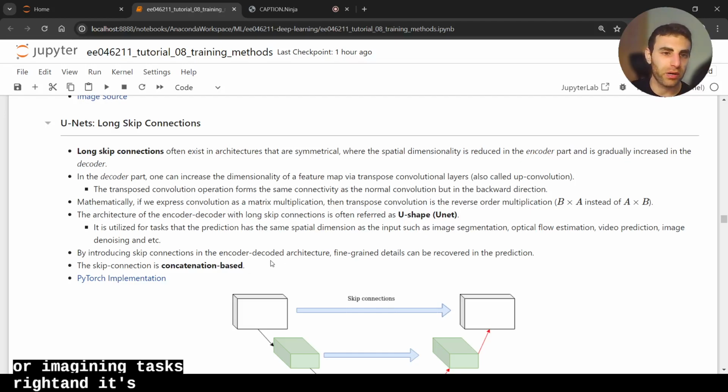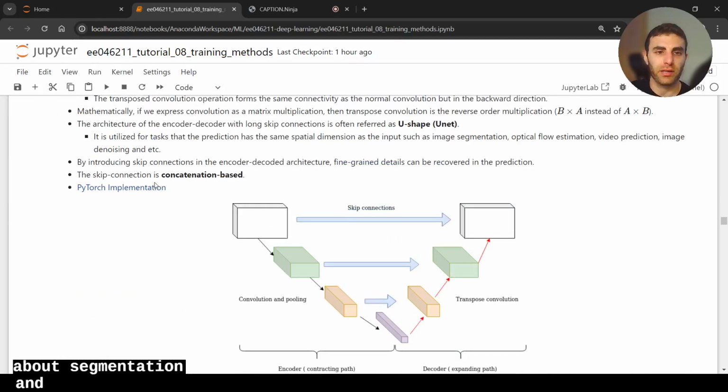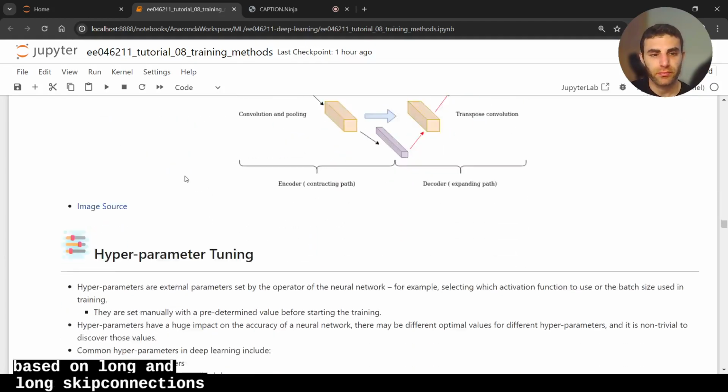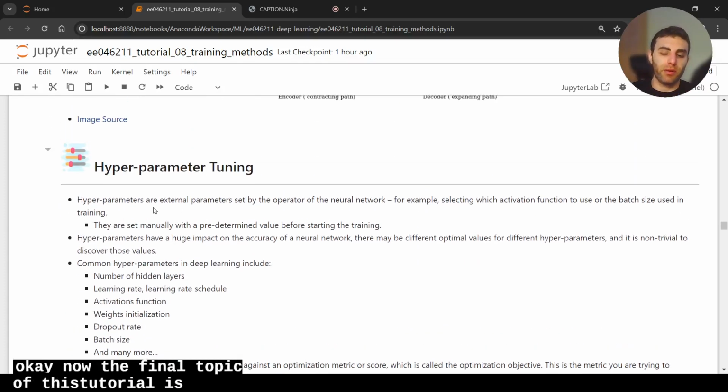And it's quite popular today in a lot of medical applications, so machine learning for healthcare, especially when we care about segmentation. UNets are quite popular, so take a look if you're interested. It's based on long skip connections.